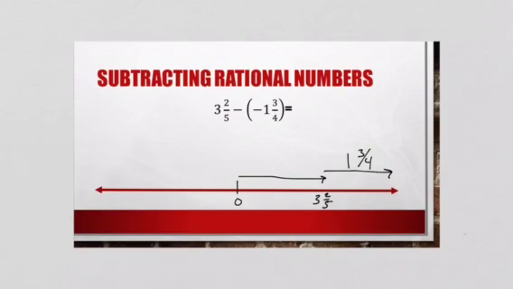So let's go ahead and write these numbers as improper fractions. I've got 17/5 plus 7/4. Our common denominator will be 20. So we multiply by 4, we get 68. Multiply by 5, we get 35.